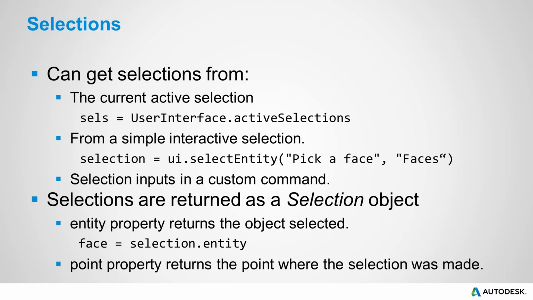That's not there right now, but by having this selection object, we can do more in the future. I got caught on this a lot initially: I would take the thing that was returned and start using it like a face, but you have to get the entity from the selection first before you can start doing stuff with it.